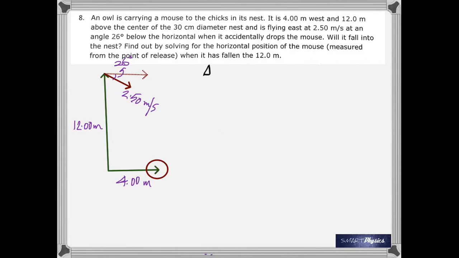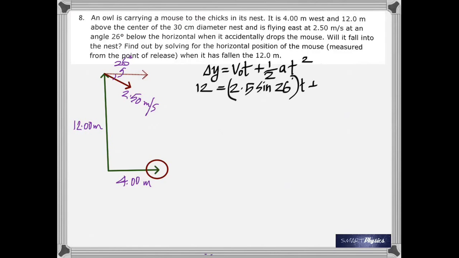Unfortunately, it lost the mouse. It falls off, and we got to find out whether it will fall into the nest. Using the equation, delta y is v naught t plus 1/2 a t squared. Vertical displacement is 12. Fairly understandable.